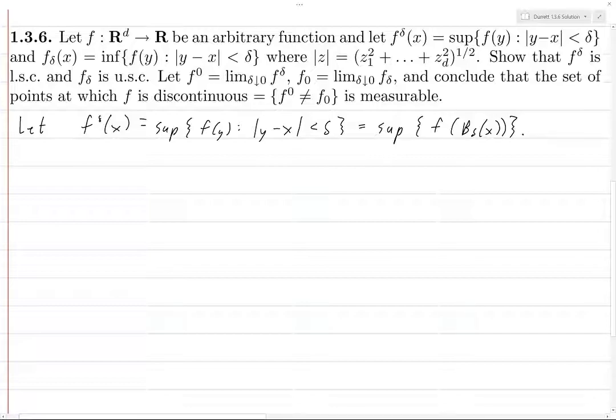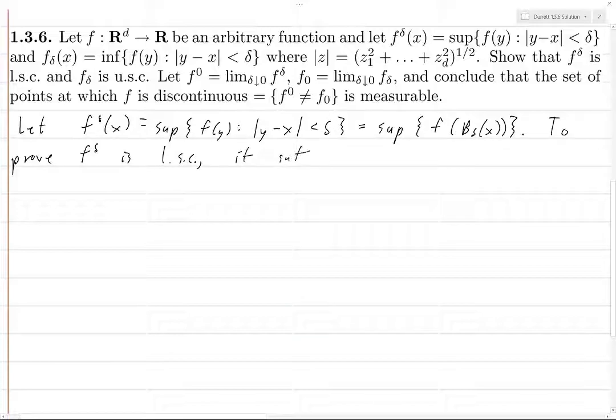Okay, so to prove f delta, which is what's here, we want this to be upper semi-continuous.